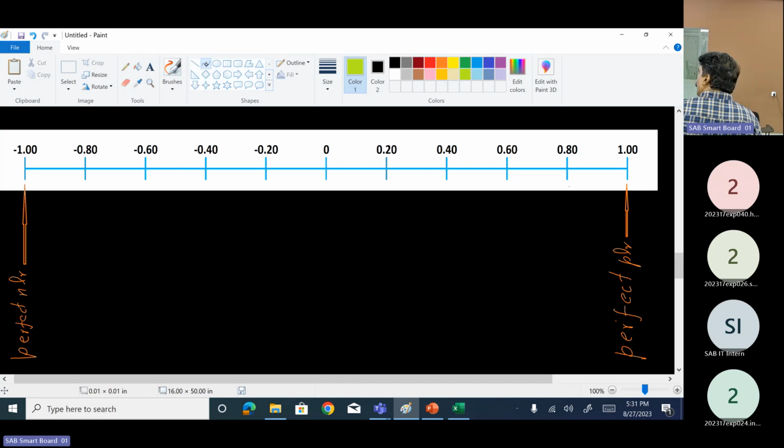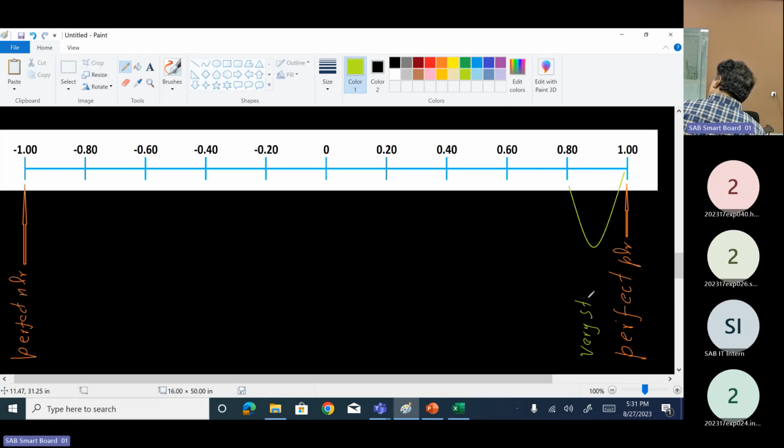So from 0.8 up to 0.99, border to inner, right? So this region, 0.8 to 0.99, is very strong.